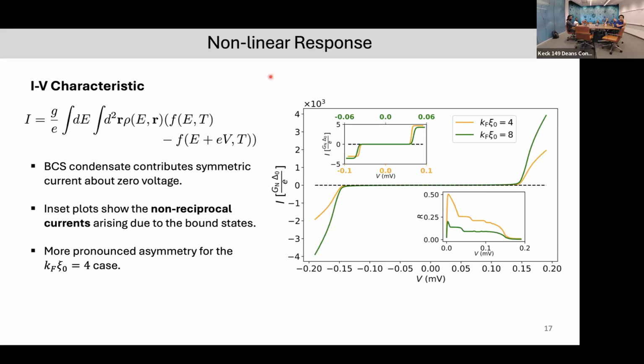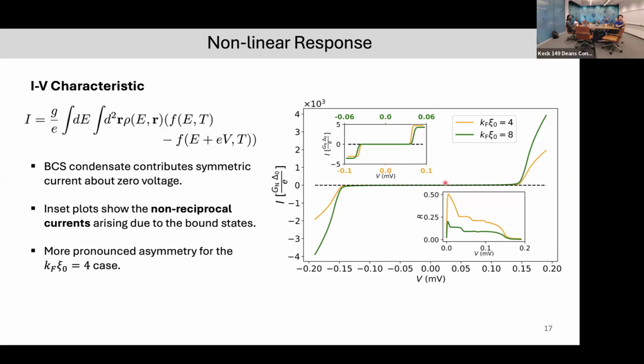And for the IV characteristic, this is what it looks like. So what I'm plotting here is just current as a function of voltage bias across the junction for no thermal bias involved here. And if you look at it from far away, it looks pretty symmetric. Like these current values, they look perfectly reciprocal.